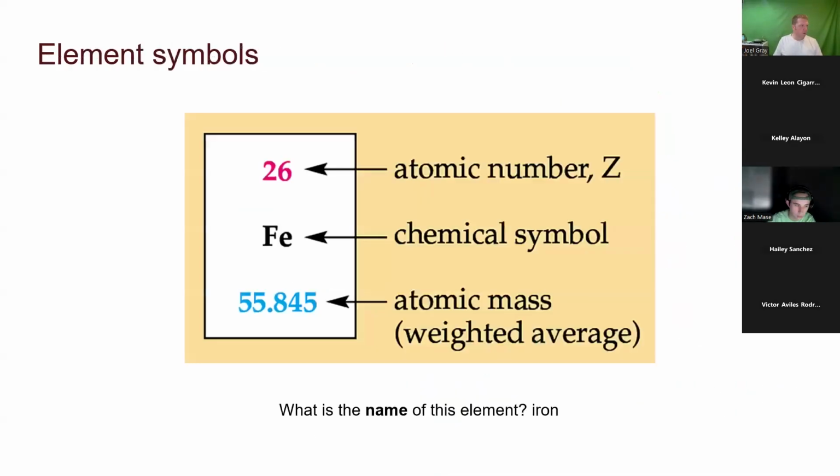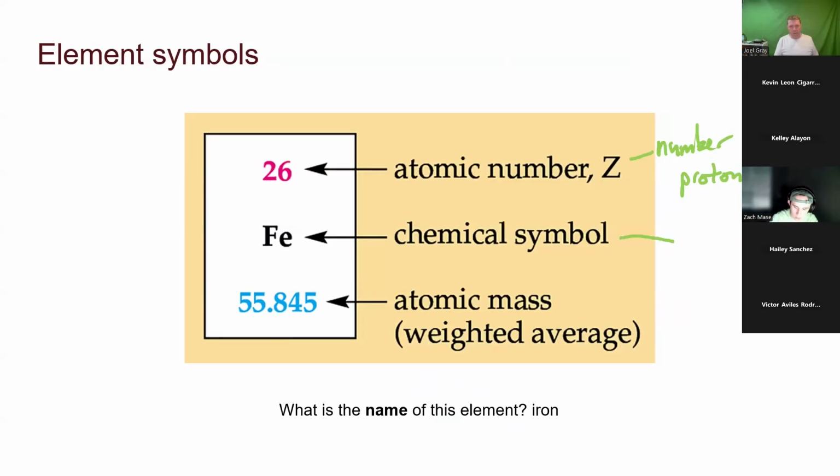Now, when we go over here, our element symbols. We've talked about these, our atomic number. This is sometimes denoted as Z. Z indicates the number of protons that an element has.